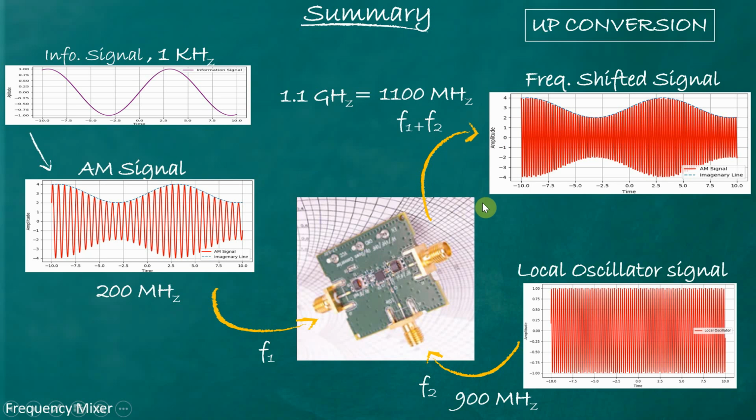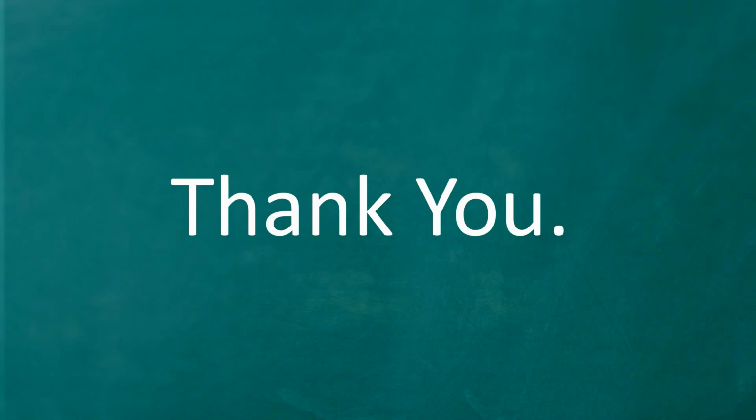So here there is a translation of the frequency spectrum from low frequency to high frequency. This way we can shift the spectrum of a signal, and this is known as up conversion. Similarly at the receiver side there would be down conversion. Okay, if you have any doubt you can ask me personally. Thank you.